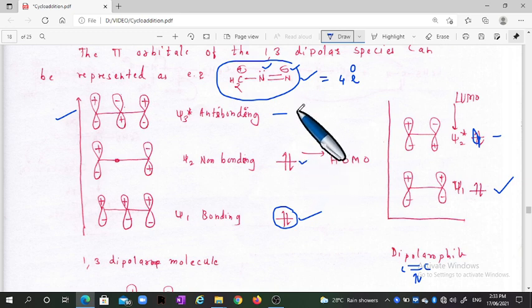The last one is the empty orbital, no electrons we have filled in psi 3 star molecular orbital. Therefore the highest occupied molecular orbital for the 1,3 dipolar species is psi 2, and LUMO, lowest unoccupied molecular orbital for the dipolarophile molecular orbital is the psi 2 star.